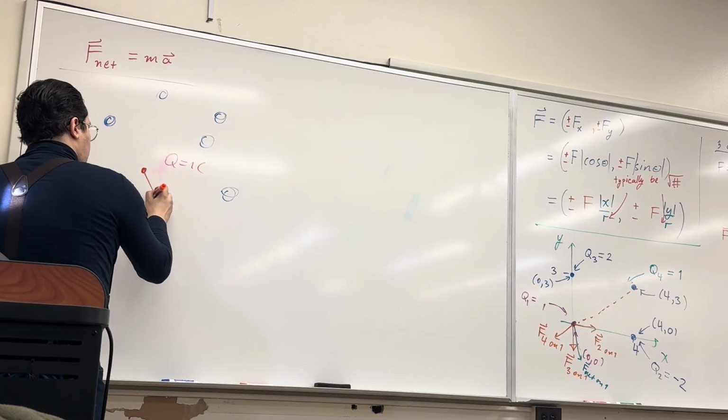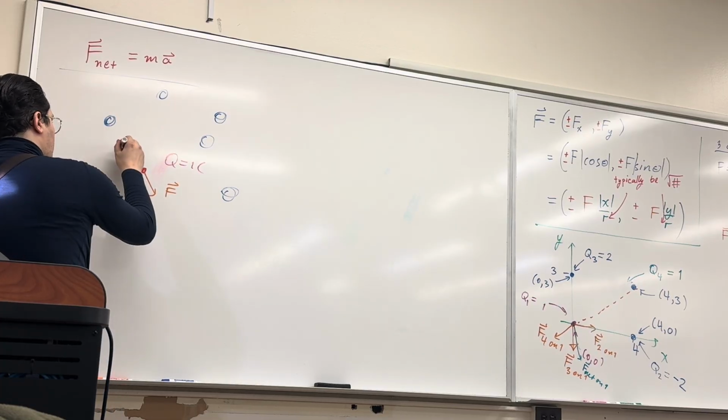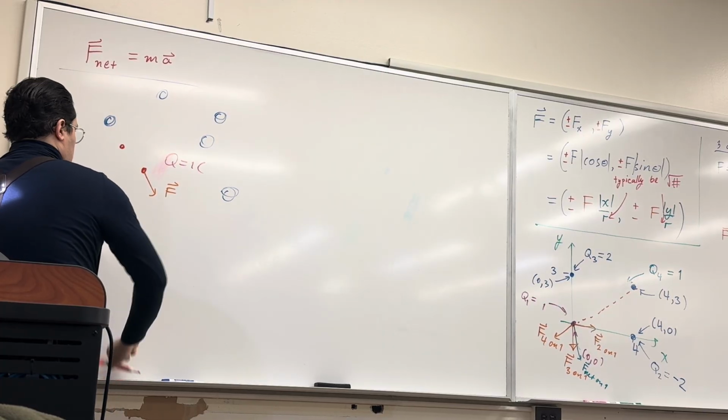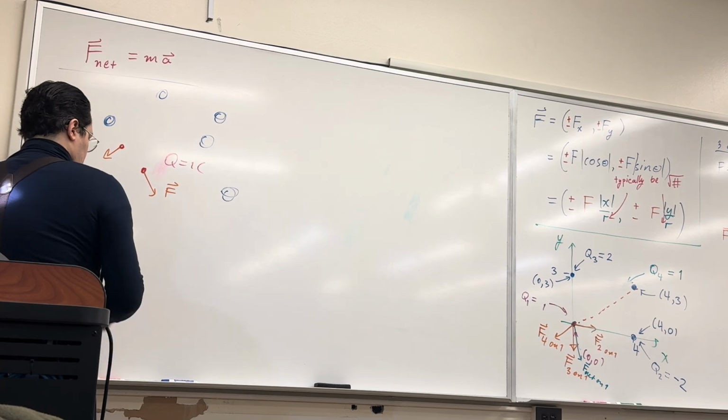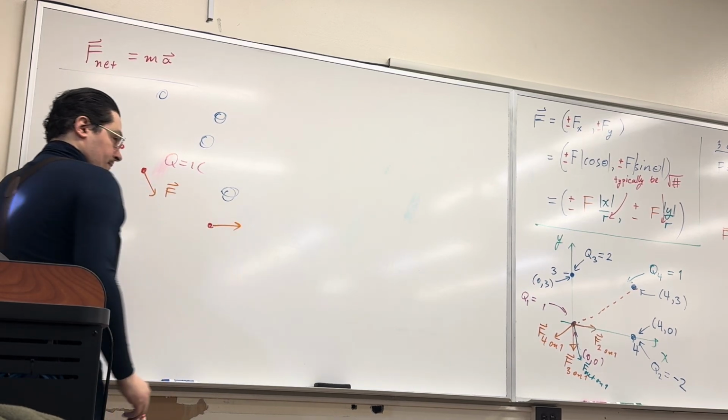You might experience a net force like this. But if instead I put the particle over here, it might experience a net force, I don't know, maybe like that. And if I put it over here, maybe it's a net force like this.